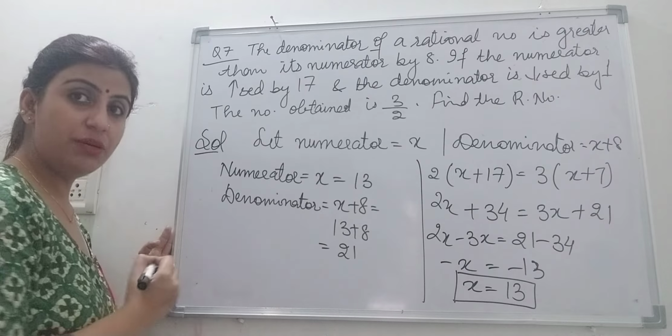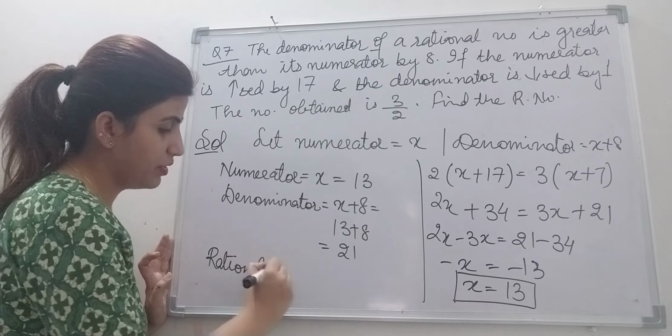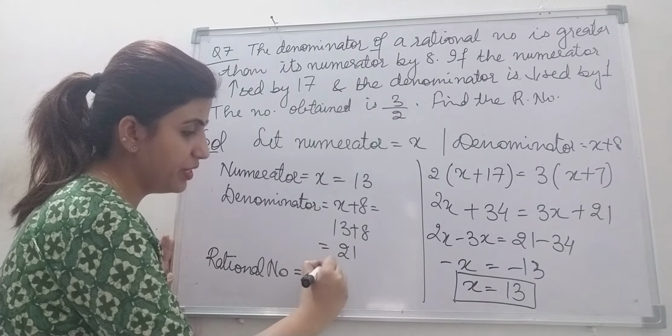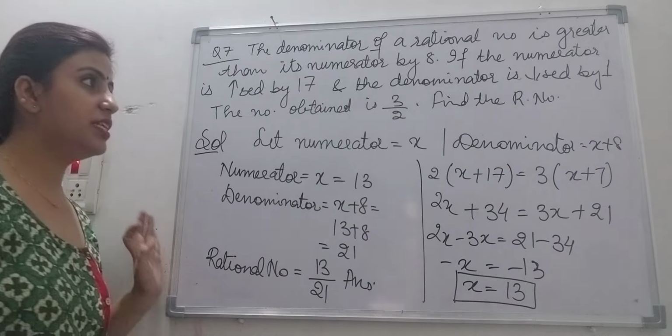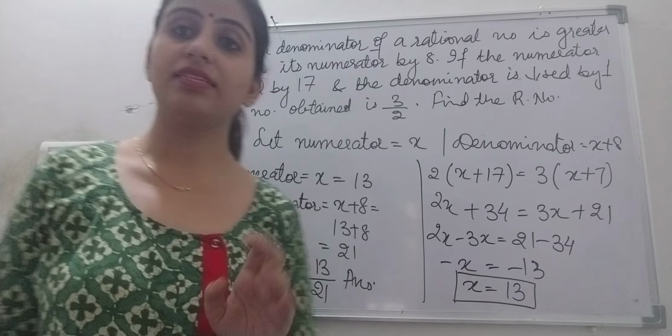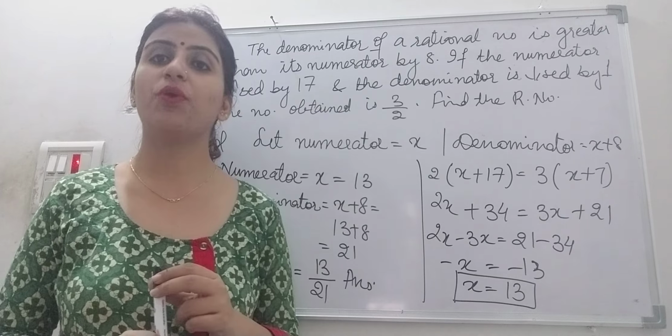And the rational number obtained is numerator upon denominator. This is your answer. With this we have completed the last exercise of this chapter. In the next module we will start with exercise 2.2.